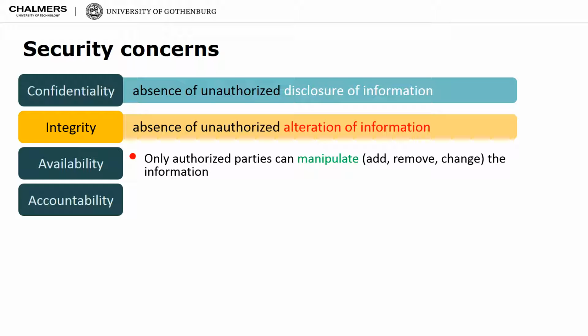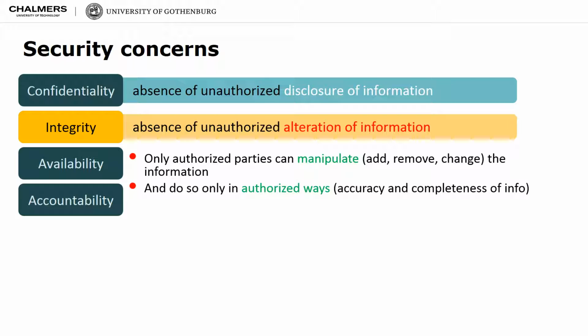And also this integrity refers to the concept that alteration, manipulation can only happen according to certain authorized ways. Like, for instance, a certain value can only be changed within a given range. And this concept refers also to the idea of the accuracy and the completeness of the information in the system.